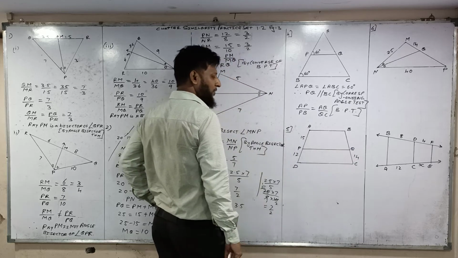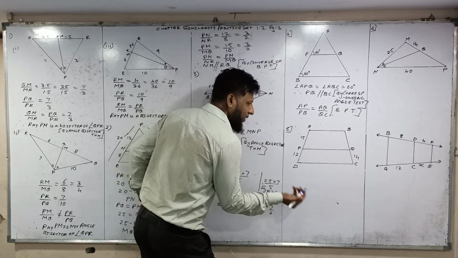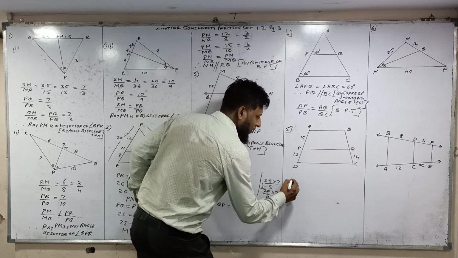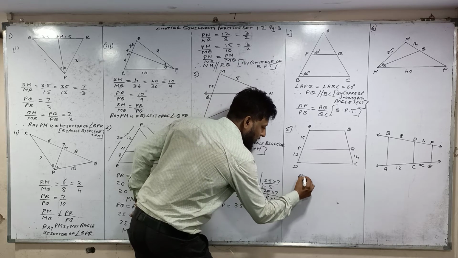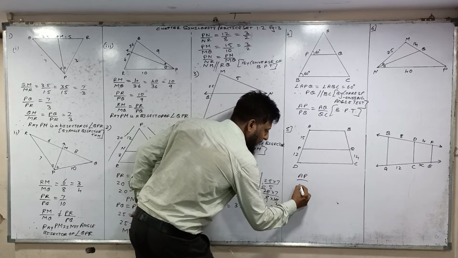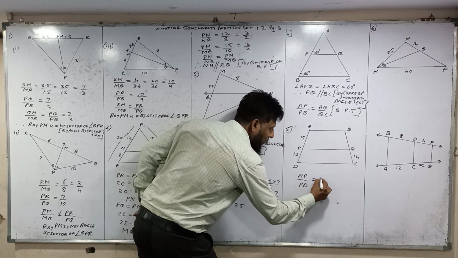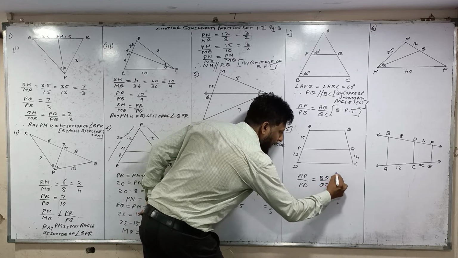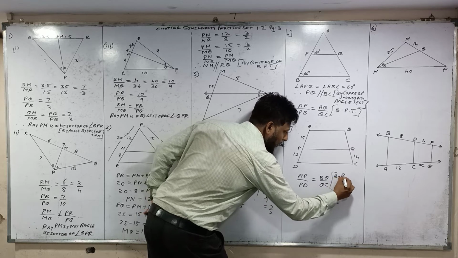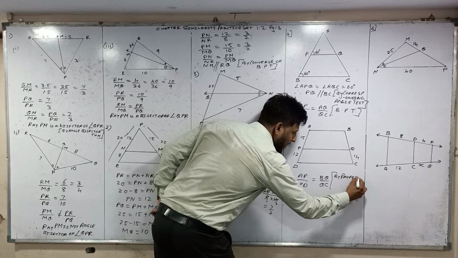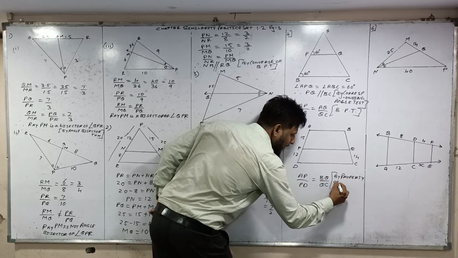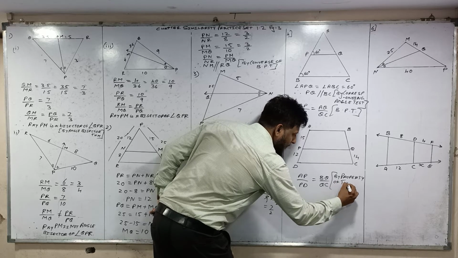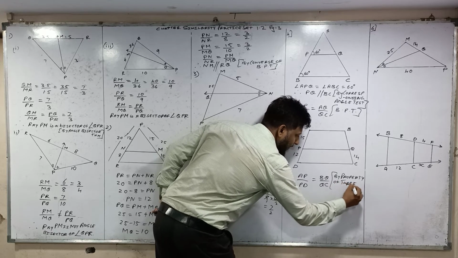So property of three parallel lines, or application of basic proportionality theorem, you can say either name. AP upon PD is equal to BQ upon QC by property of three parallel lines.